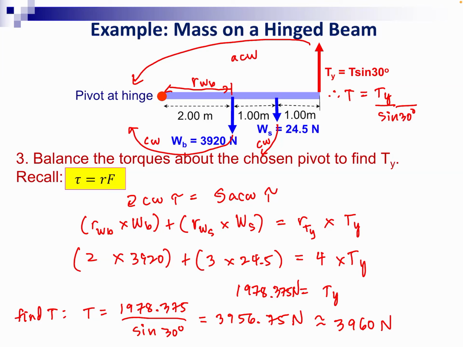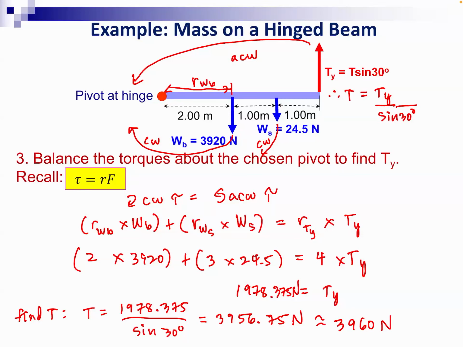Are we happy with the solutions? Did that make sense? So again, we just systematically applied the steps of drawing the free body diagram, picking the pivot, and then balancing out the torques about the chosen pivot.